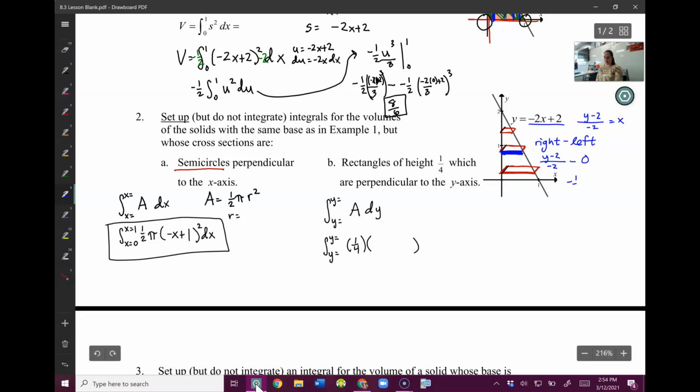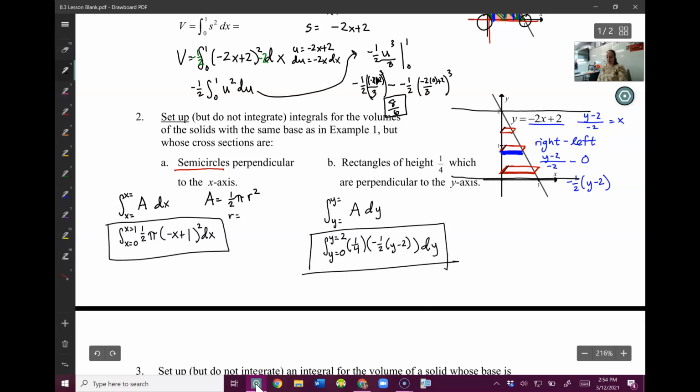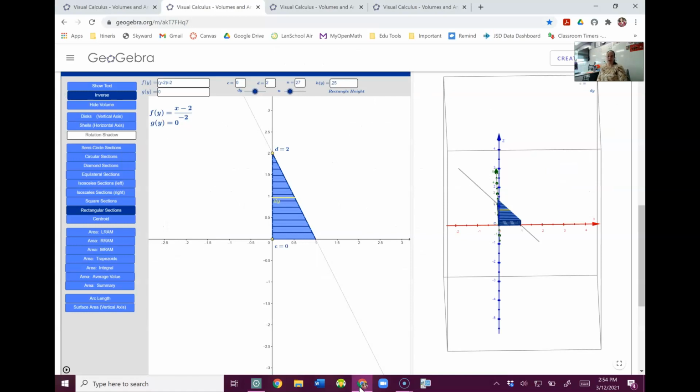So that is going to be the length of these rectangles. And the area of these rectangles is that length times the height of 1/4. So I need dy, and I need some limits. These limits are in terms of y, so I'm going from y equals 0 up to y equals 2. And that would be the volume of that 3D shape.